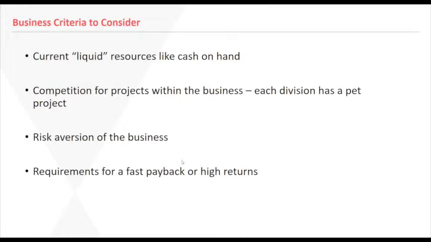Within a big company, and if any of you have worked in a big corporate environment, you will know that within the corporate politics, each division within a big company tends to have its own pet projects, its own things that it really wants to spend money on because that division believes that it's really business critical and important and new.